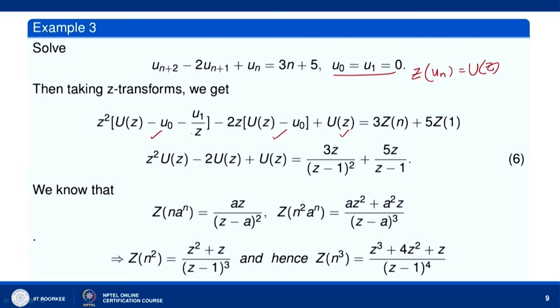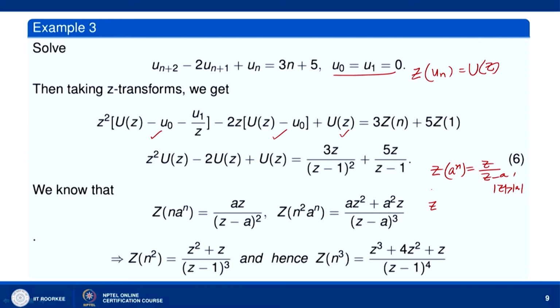We know that the z transform is a linear operation, it satisfies the linearity property. So the z transform of 3 n plus 5 is 3 times z of n plus 5 times z of 1, and we know that z of a to the power n equal to z over z minus a when mod of z is greater than mod of a. So put a equal to 1 here.